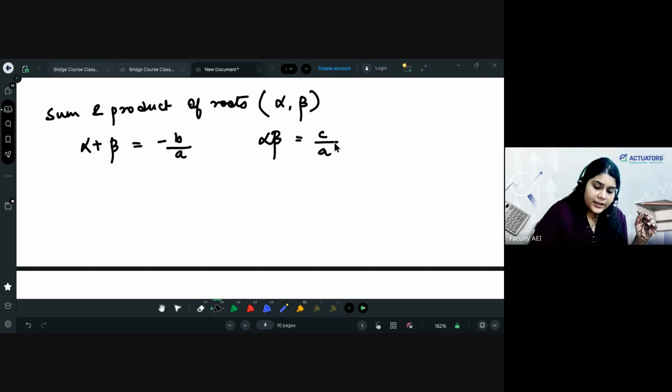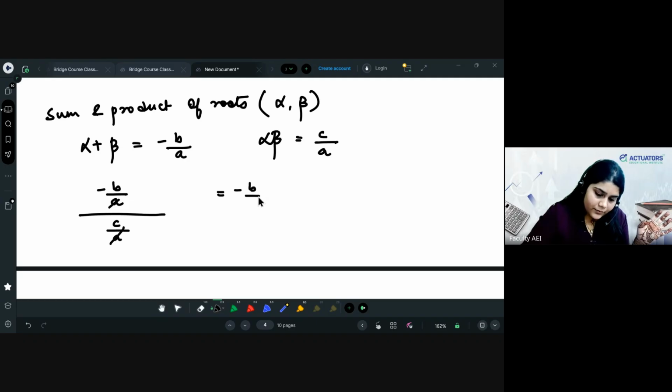But logically, if I have minus b by a and I divide c by a, तो a कट हो जाएगा. हाँ, we'll have minus b by c. Or what else can you do? You can calculate the value of a from this and substitute it over here. Multiple ways. अभी example के through we will see how can we form the quadratic equation.